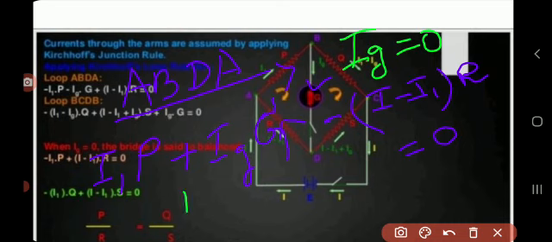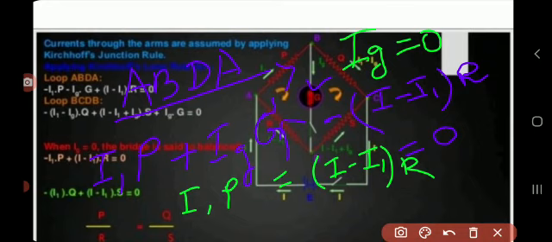So the equation will be like this: I1P plus IgG, which is 0. Bring the rest to the other side, that is (I minus I1) into R. So we get this relation: I1P equals (I minus I1)R. So this is the equation in circuit ABDA.